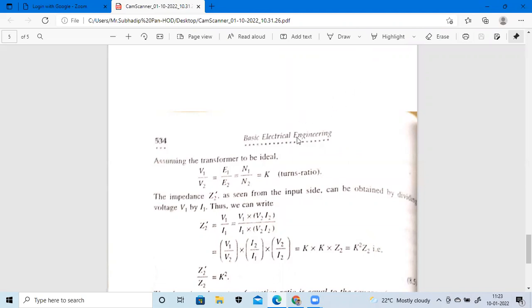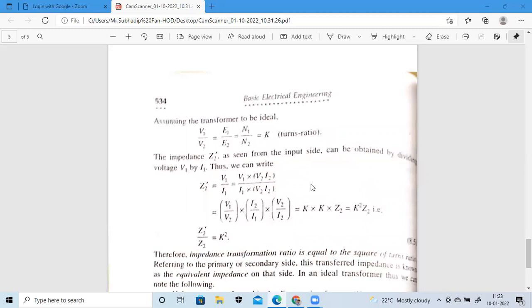So we can convert it in the form of secondary side impedance. That is Z2 dash by Z2 equals K squared.